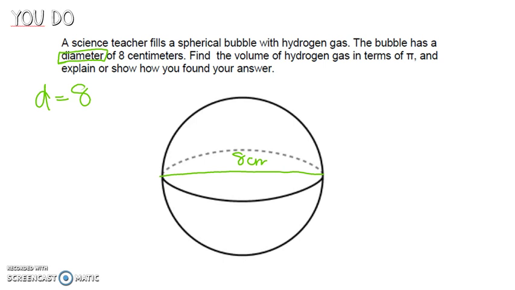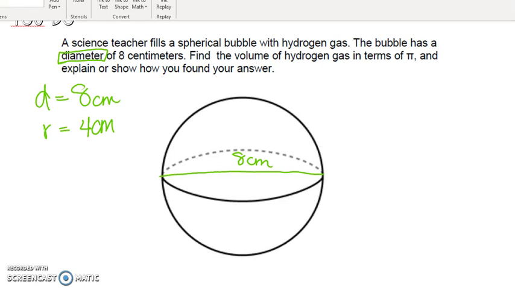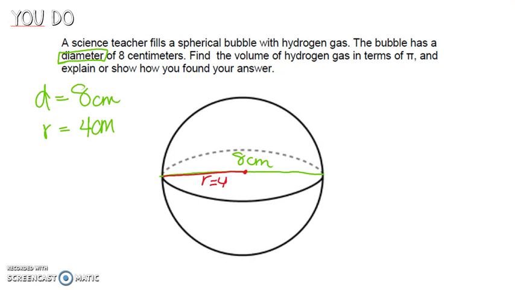In order to answer this, you need to know a little bit of geometry. If my diameter is 8 centimeters, that means my radius is 4. The diameter is 2 times the radius, or the radius is half of that diameter. So go ahead and use this to solve this problem.